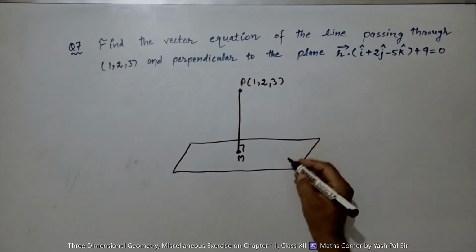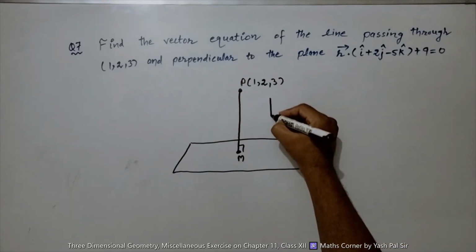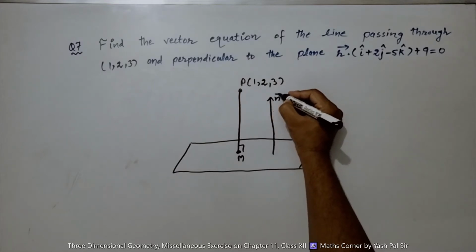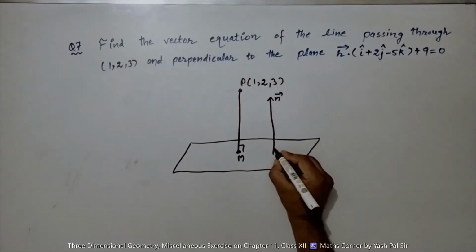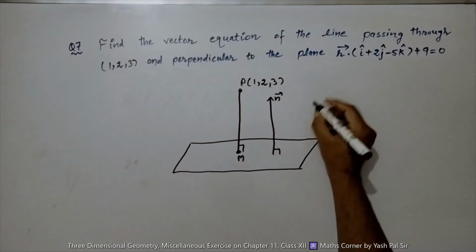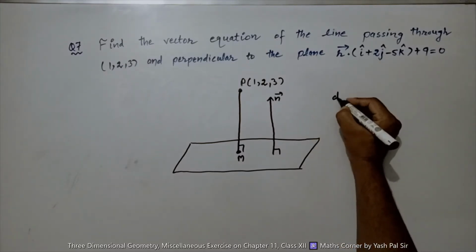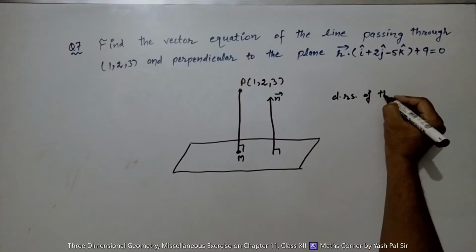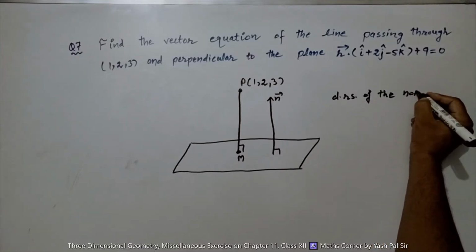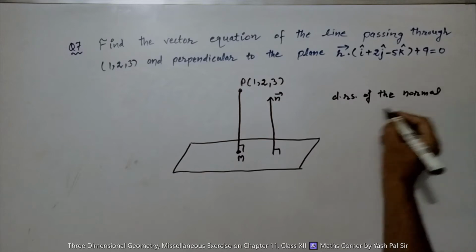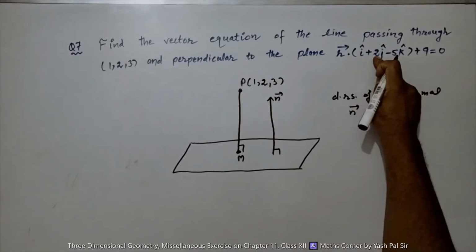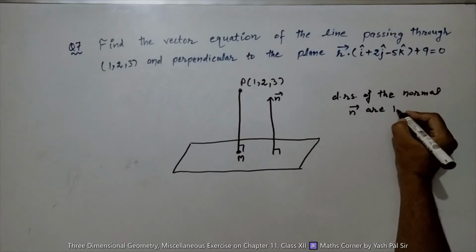From the given equation of the plane, we can say this is the normal, and the direction ratios of the normal n cap are 1, 2, minus 5.